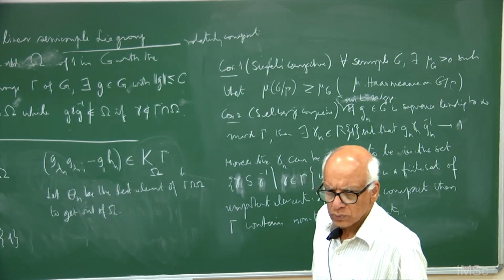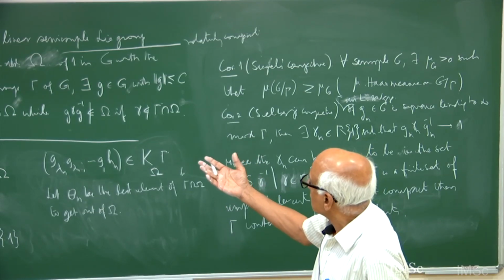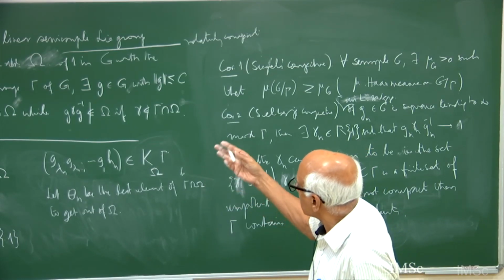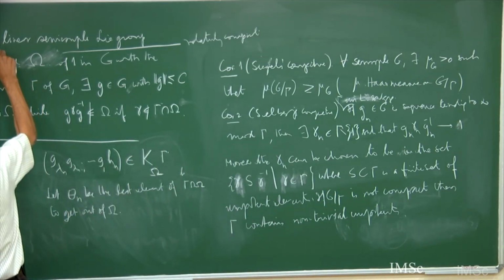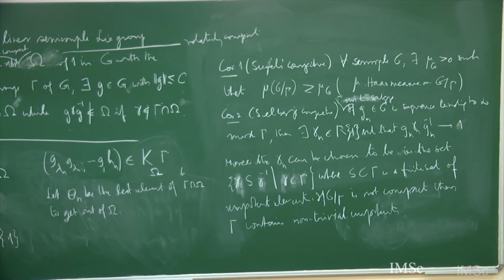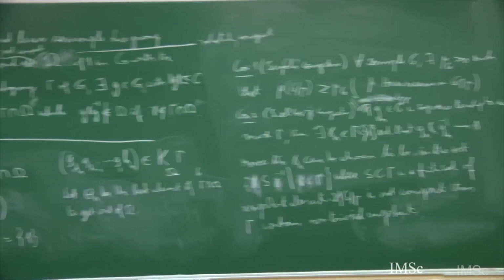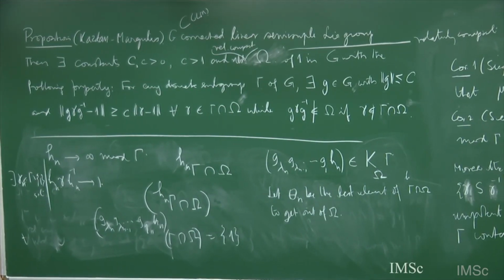No. I said omega; in fact, I want a relatively compact neighborhood. You conjugate by G, but then if you conjugate, it stays in a different one.